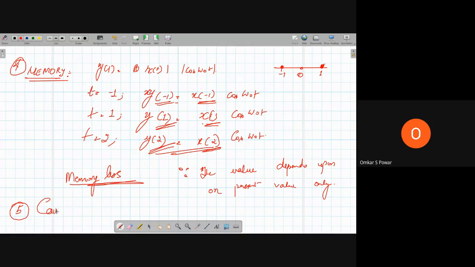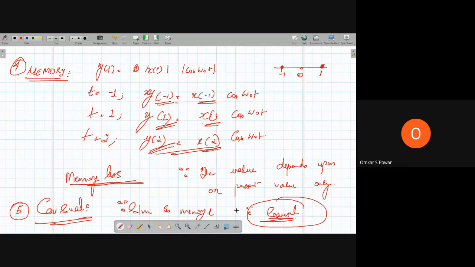So the fifth property which you have to verify is causality. Since the system is memoryless, you can directly write that the system is causal. Causal means the output does not depend upon the future value. So this is a causal system.